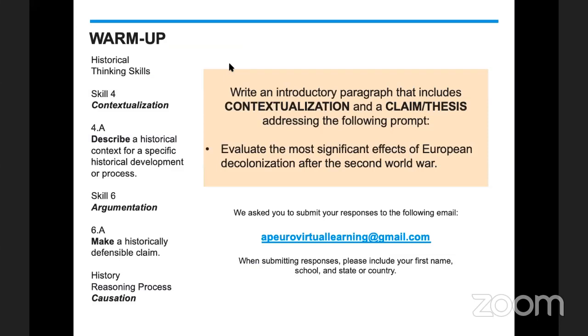So our warm-up, this is what we left you with yesterday, is this AP practice. We know that the exam is a modified DBQ, and so every piece of skill development that we're going to give you from here up until May 1st is going to be so that you do well on the DBQ.